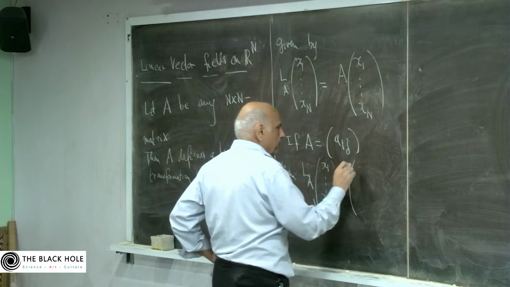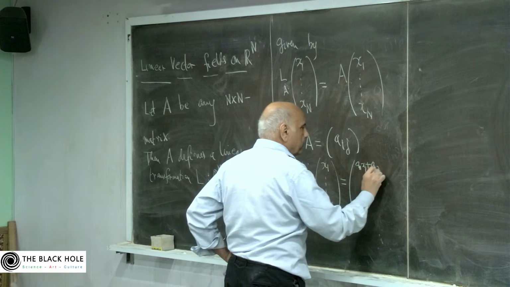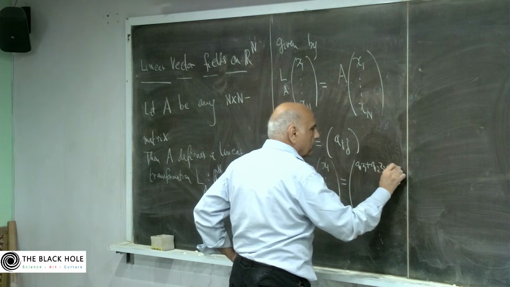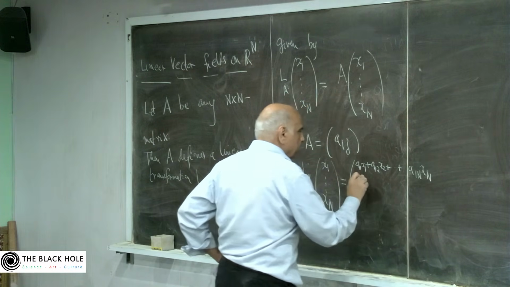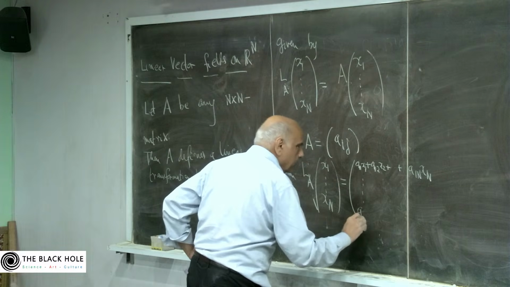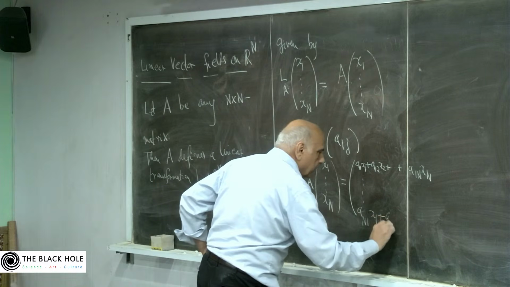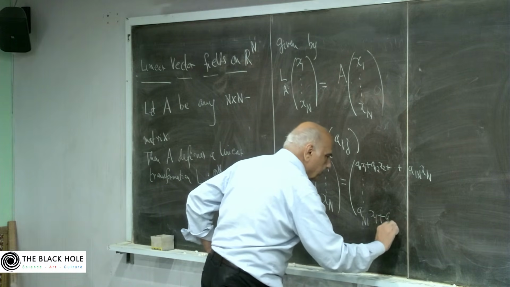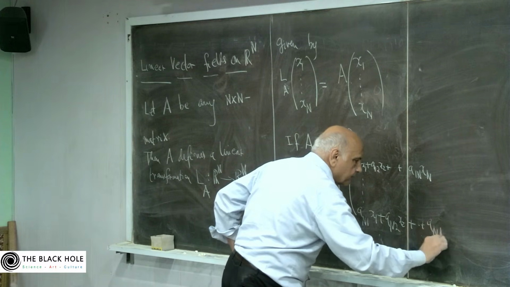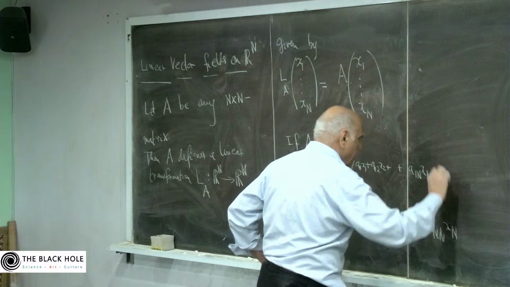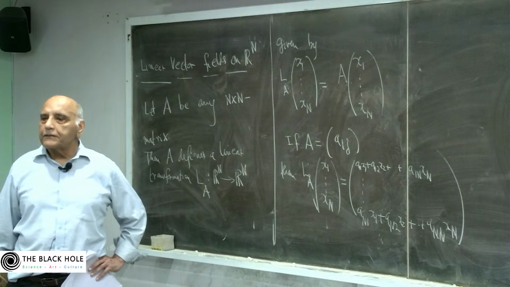The first component is a11 x1 plus a12 x2 plus up to a1n xn, and so on, up to an1 x1 plus an2 x2 plus ann xn. And what will be the corresponding vector field?